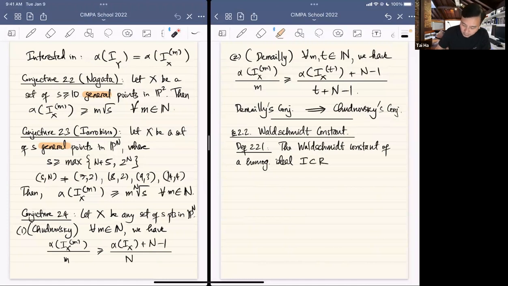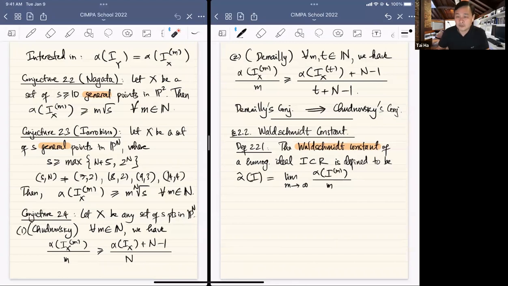Again, in my polynomial ring R that I'm already fixing, it is defined as follows. The Waldschmidt constant is denoted by alpha hat, and alpha hat of I is just the limit as m goes to infinity of the quotient, similar to the quotient that you see in Chudnovsky's and Demailly's conjectures.